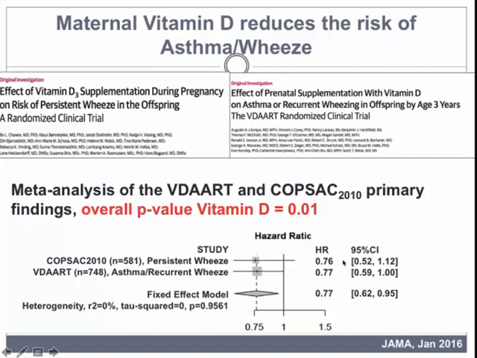The amazing thing is that the reduction in risk was about 23% for both cohorts, so this protective effect was very similar in both groups.